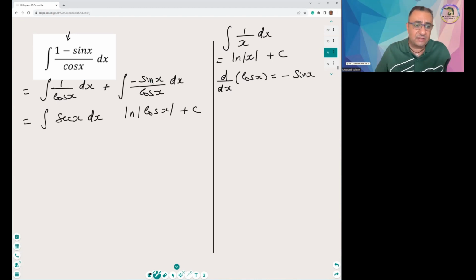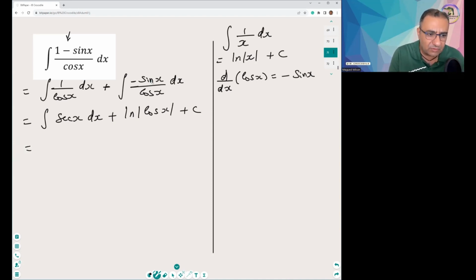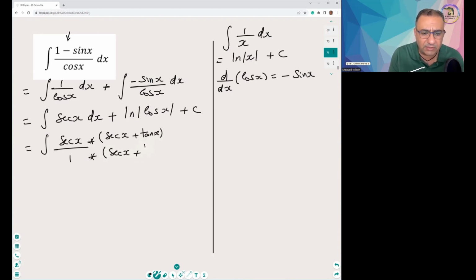How are we going to do that? There is also a famous manipulation. For the integration of sec x dx, you multiply both the numerator and the denominator by sec x plus tan x, and you will see why I did that.